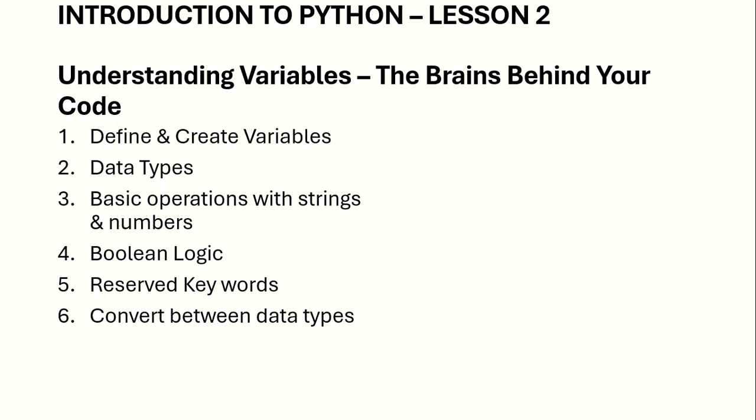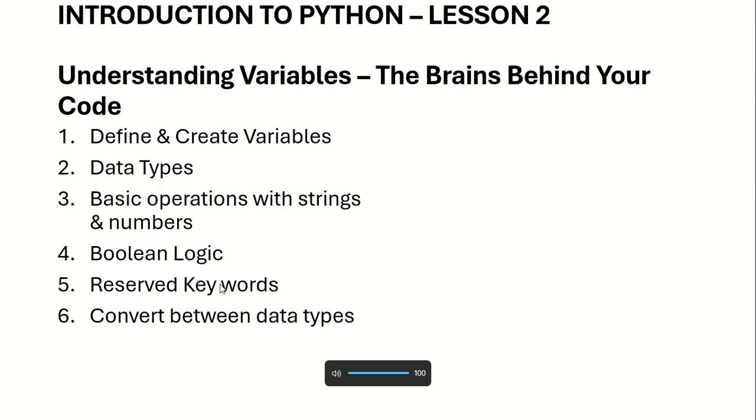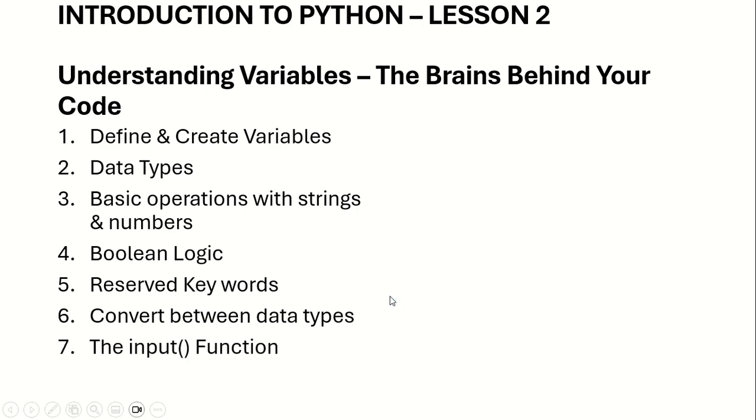We shall also be able to convert between data types. From there, we shall also have a look at the input function. The input function is the one which we can use when we want to get some user input, as we are going to see. So that's what we shall cover.